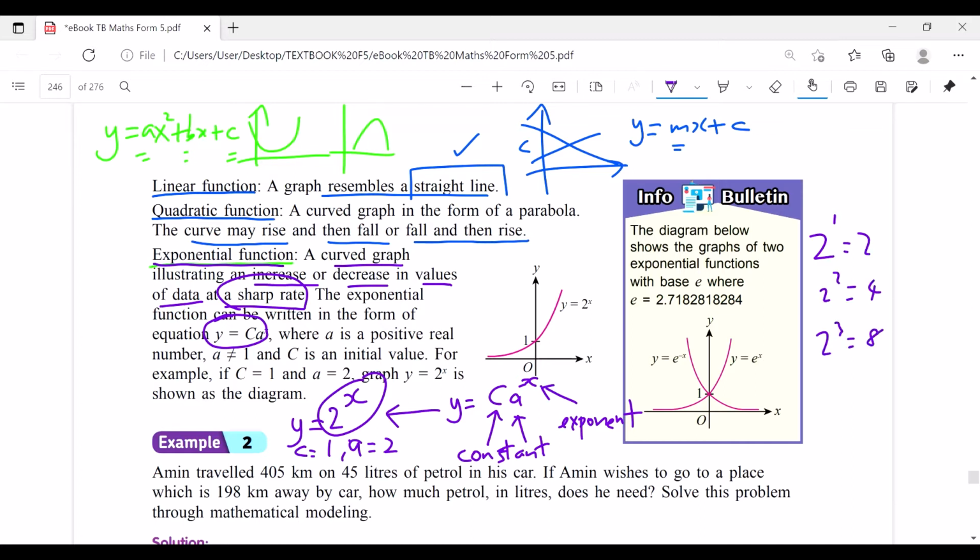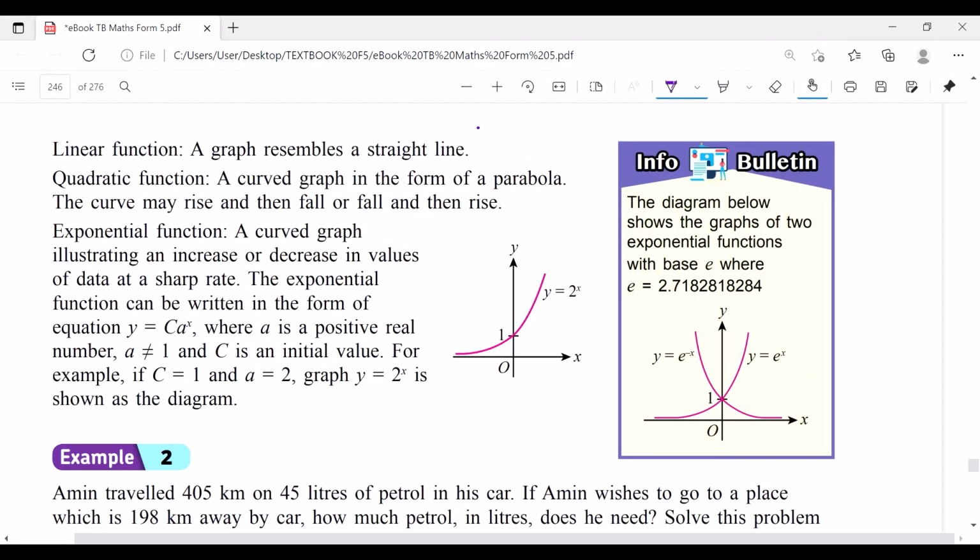See how big the number change? 2 to the power of 4 is what? 16. 2 to the power of 5 is 32. So it's very fast. The data increase. That's why it's called exponential function. The function of y equal 2 to the power of x.